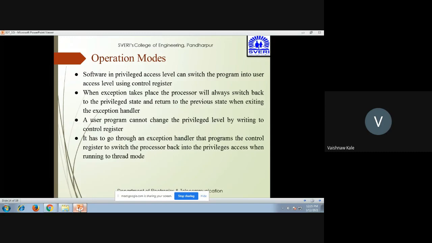It has to go through an exception handler that programs the control register to switch the processor back into privileged access when running in thread mode. As soon as it goes through the exception handler, it handles the control register and can then switch to privileged access in thread mode.